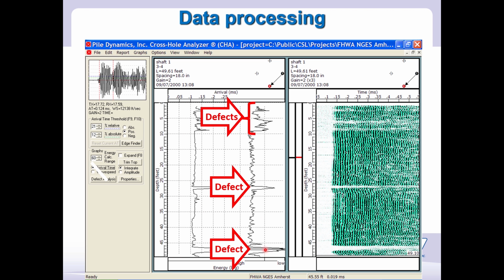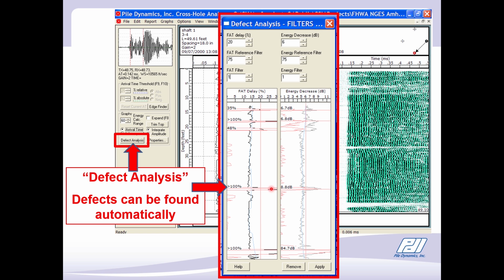And we can also see that the energy is reduced at those locations. We can have the computer automatically look for defects with a defect analysis button. So the defects can be automatically found and recorded and placed in a table for report generation.